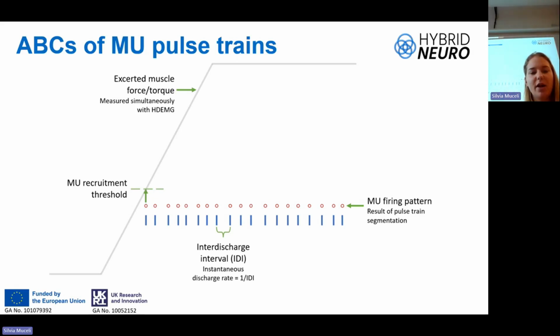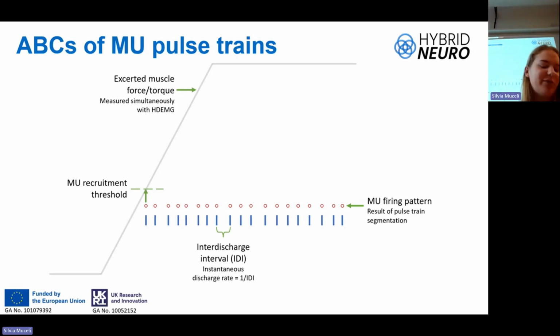Here is also one very important thing, and this is the first firing, because based on the first firing, we are able to identify the motor unit recruitment threshold. The motor unit recruitment threshold is the value of force that is needed for a motor unit to be recruited, so to activate, in other words.